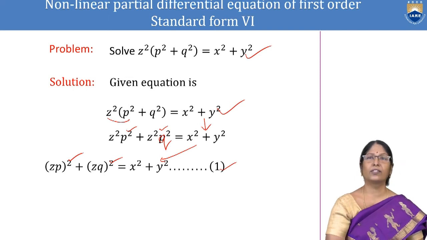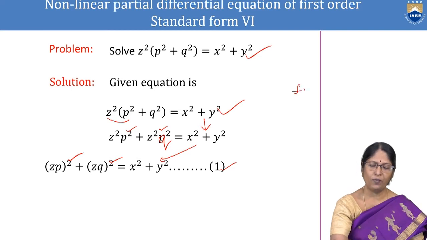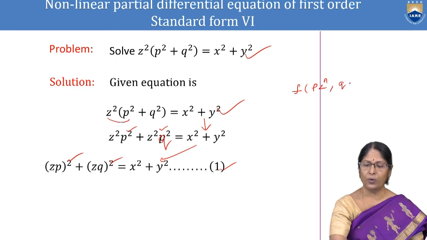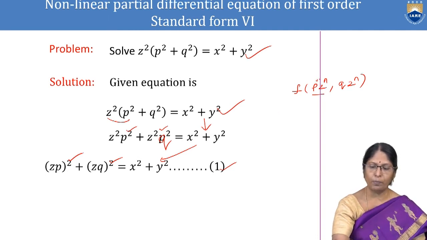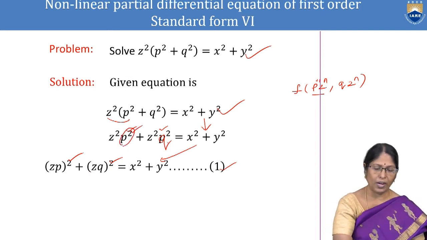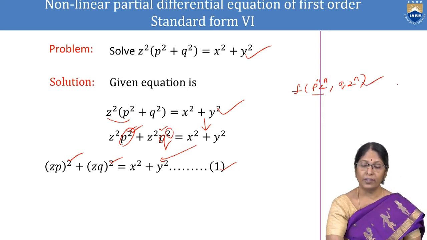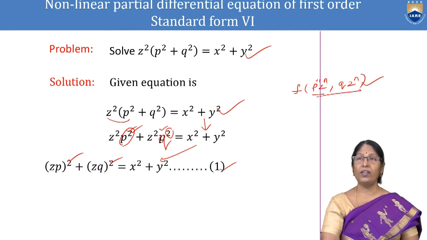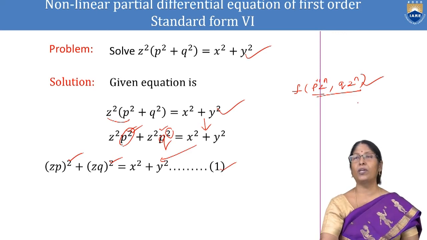Is this simplification necessary? Yes, it is compulsory, because our standard form 6 is p z power n, q z power n. That is pz, so p should have the power plus 1. But here p has the power plus 2, and q has the power plus 2. Whereas in standard form 6, p into z will have the power, and q into z will have the power.